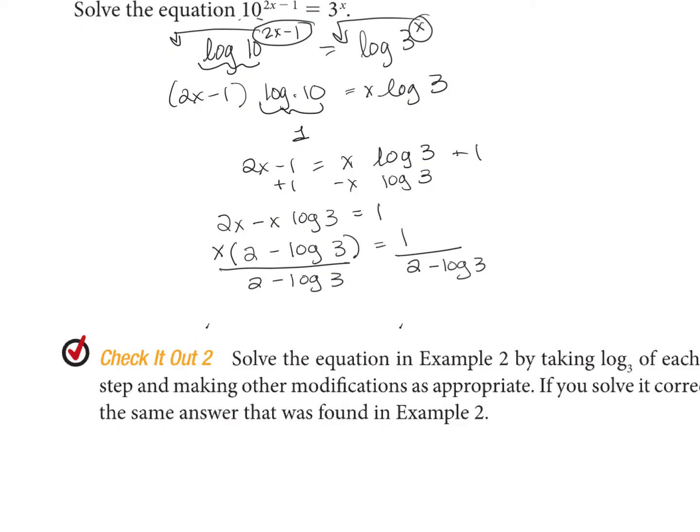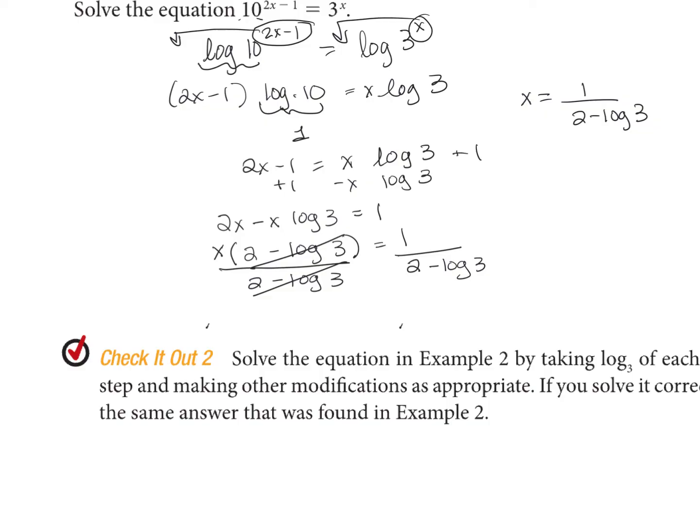I recommend keeping this in exact form until the very end, and then typing this in again in one final thing. So I would have on my calculator 1 divided by parentheses 2 minus the common log of 3.